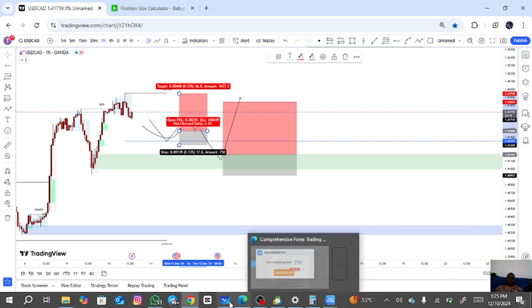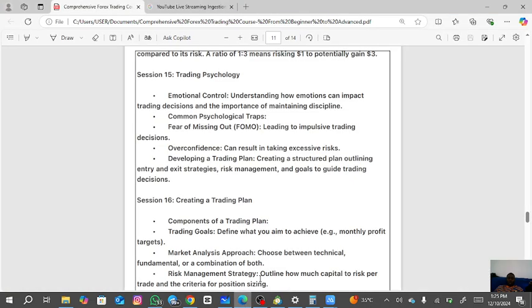Also, overconfidence can lead to excessive losses or risks, right? Having confidence that this particular trade is going to play out, that you're very confident, can lead to over-risking.